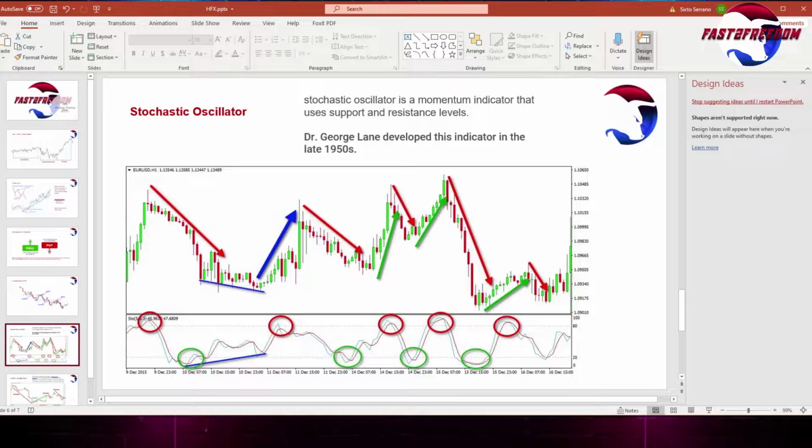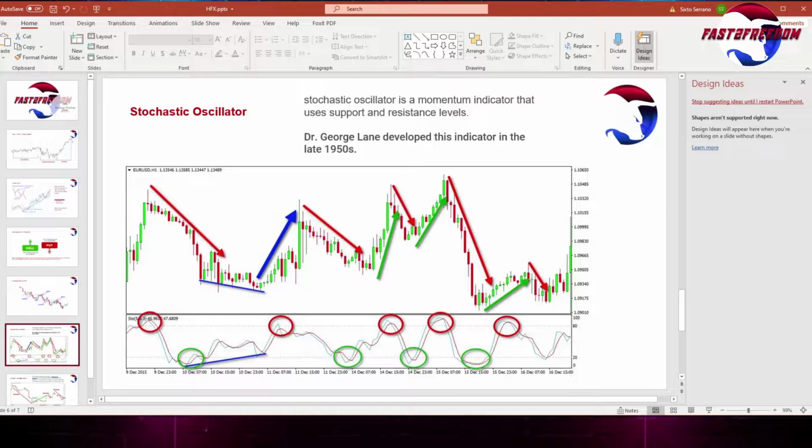That's what I mean when we say overbought, oversold, but the correct definition is right here. And fun fact, this indicator has been around since the 1950s, which is pretty cool to know. I'm kind of a history guy.